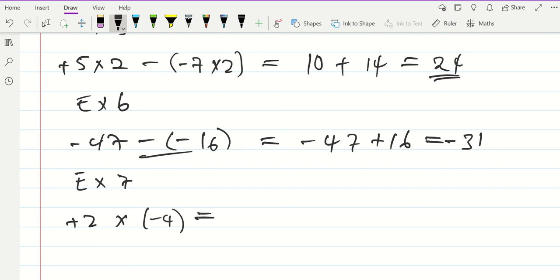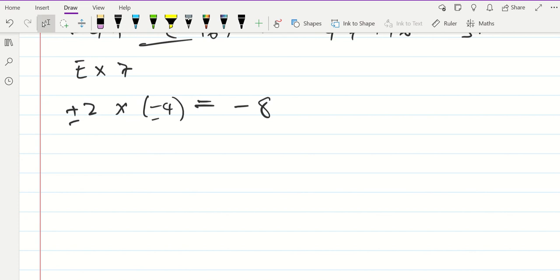When you multiply a positive and a negative, it gives you a negative. This positive here and the negative there gives you a negative. So we're going to have a negative, then 2 times 4, that becomes 8. So that's how simple that one was.